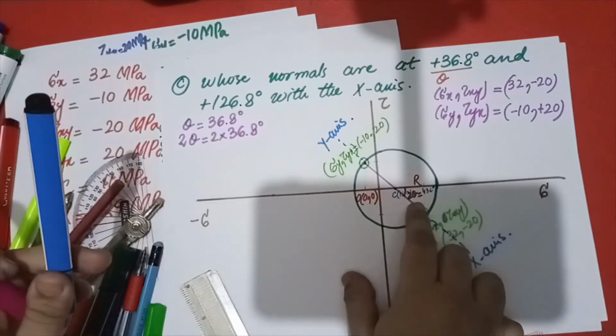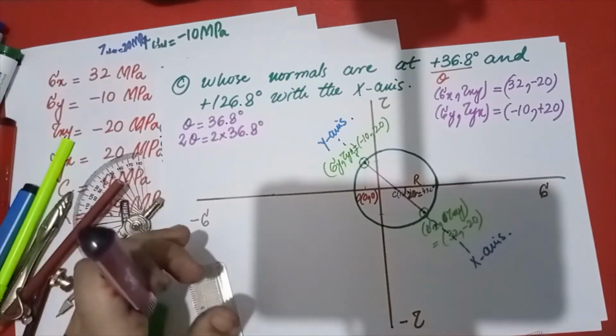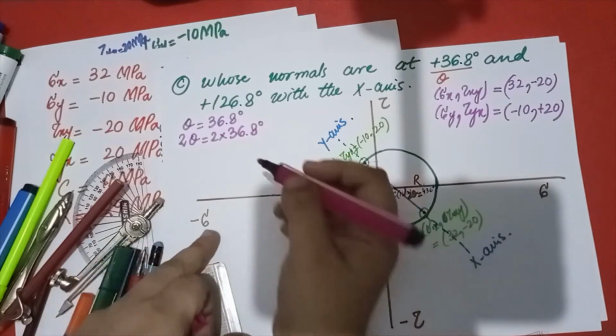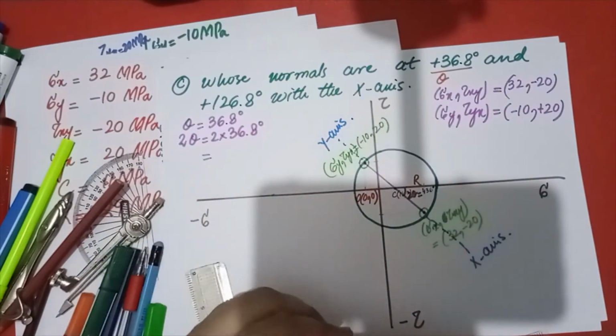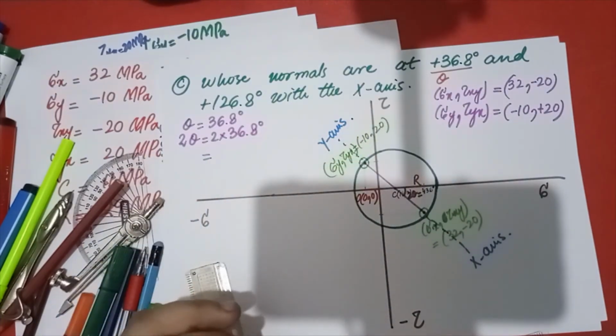From here you can take the angle, and you multiply by 36.8 degree. So how much will 2 into 36.8 degree become?